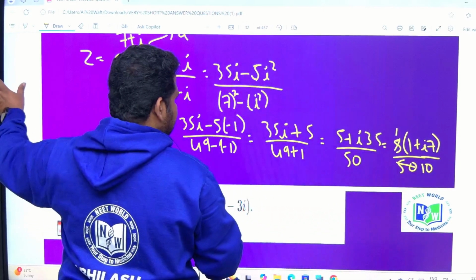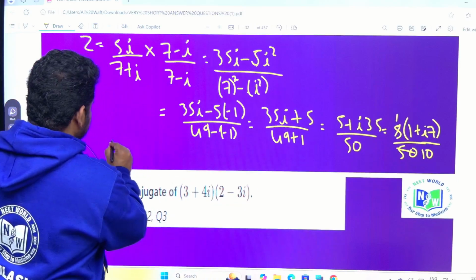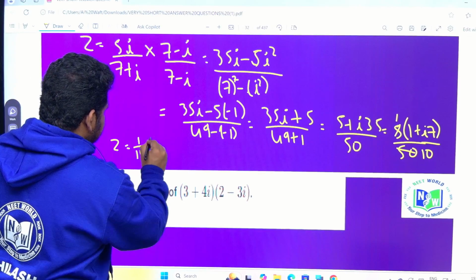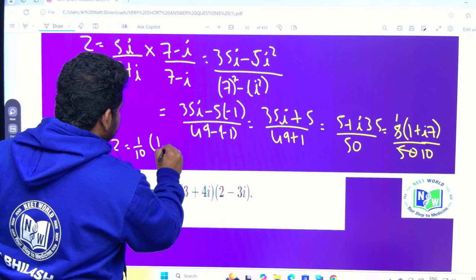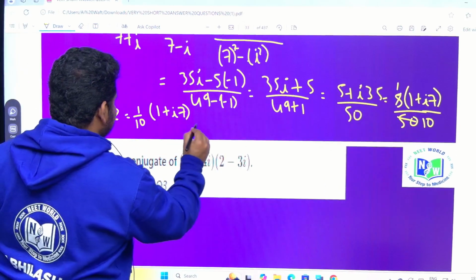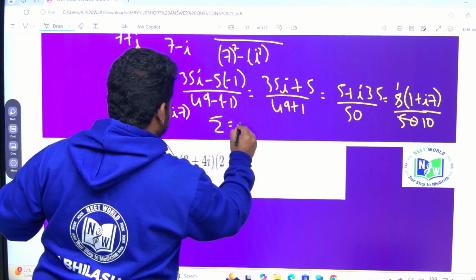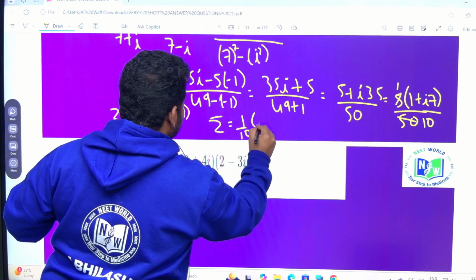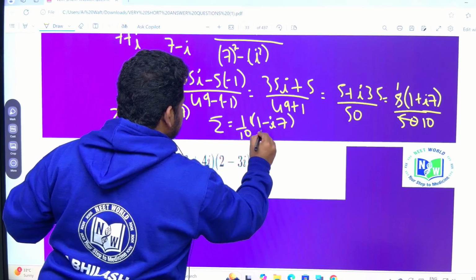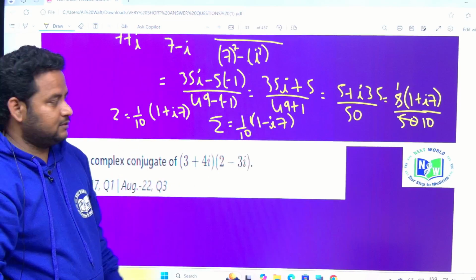So finally we got 1 by 10 into 1 plus i into 7. So Z bar will become the conjugate of this, 1 by 10 into 1 minus i into 7. You have to change the sign of the imaginary part. So this is the answer.